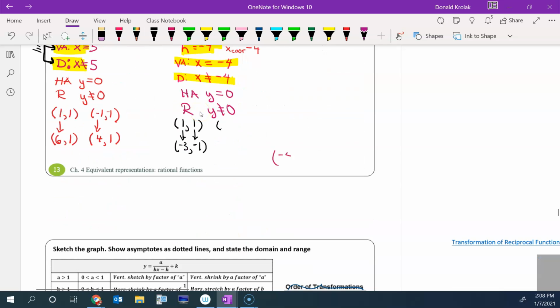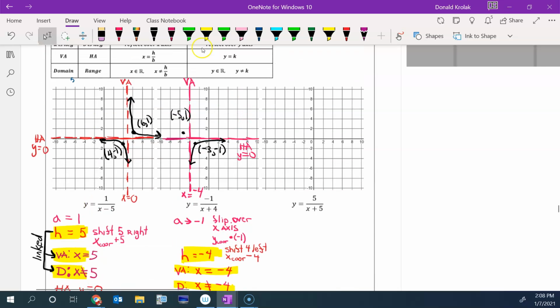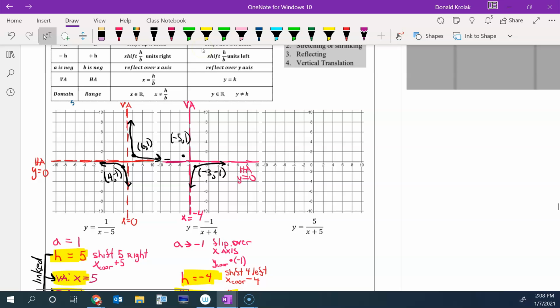Okay, here's the math. Subtract 4, multiply by -1. And sketch away.